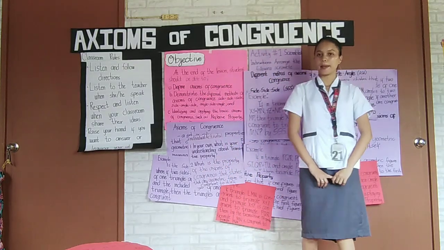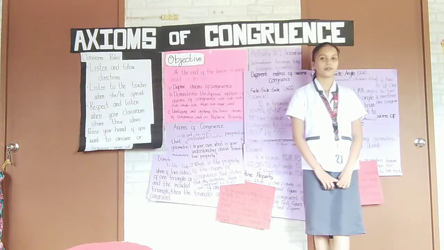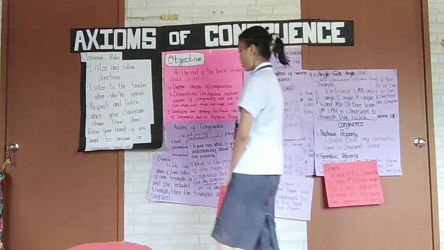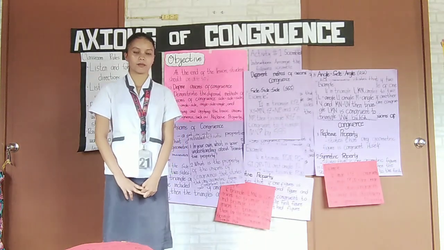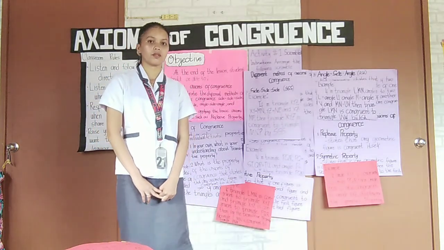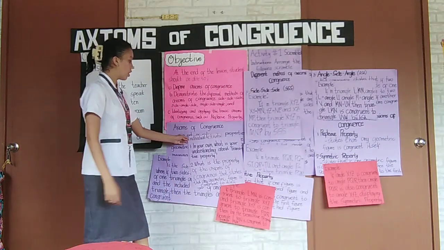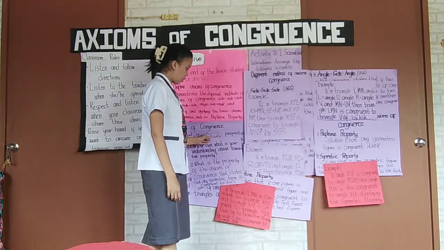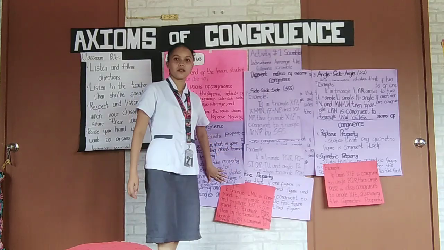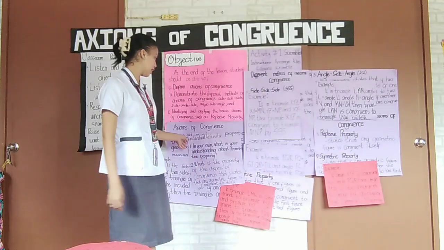I give you 5 minutes to answer this activity and pass it to me. Okay, you may now start. Okay, very good. So, seems like you all understand our topic.